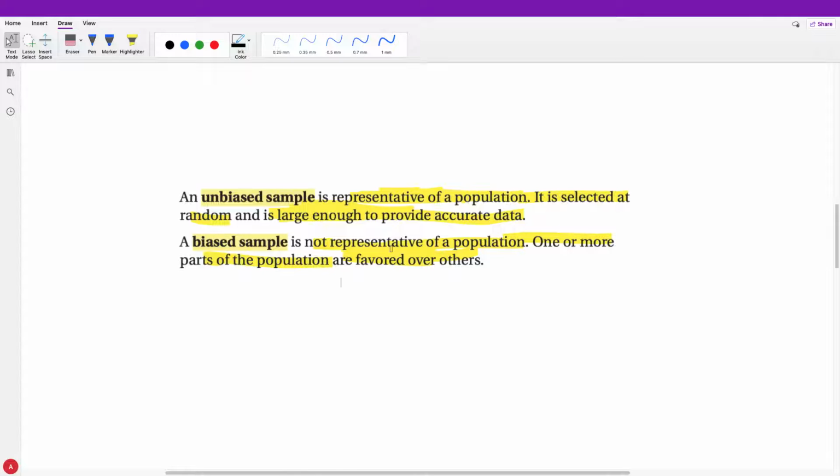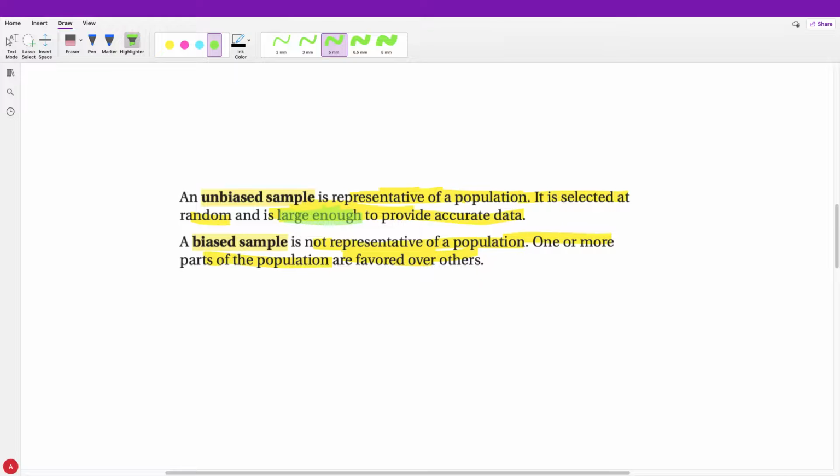Whatever it may be, a biased sample means that everyone does not have equal representation. Whether we are purposely doing it or not, it doesn't matter. We need to make sure that it is unbiased, meaning that it is completely random and that everyone is a representative of a population.